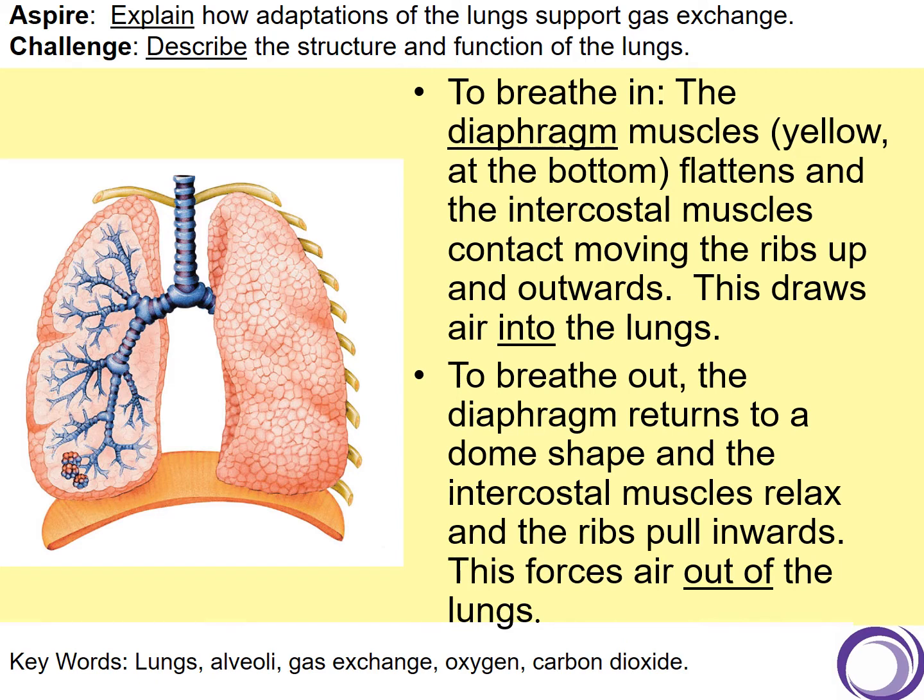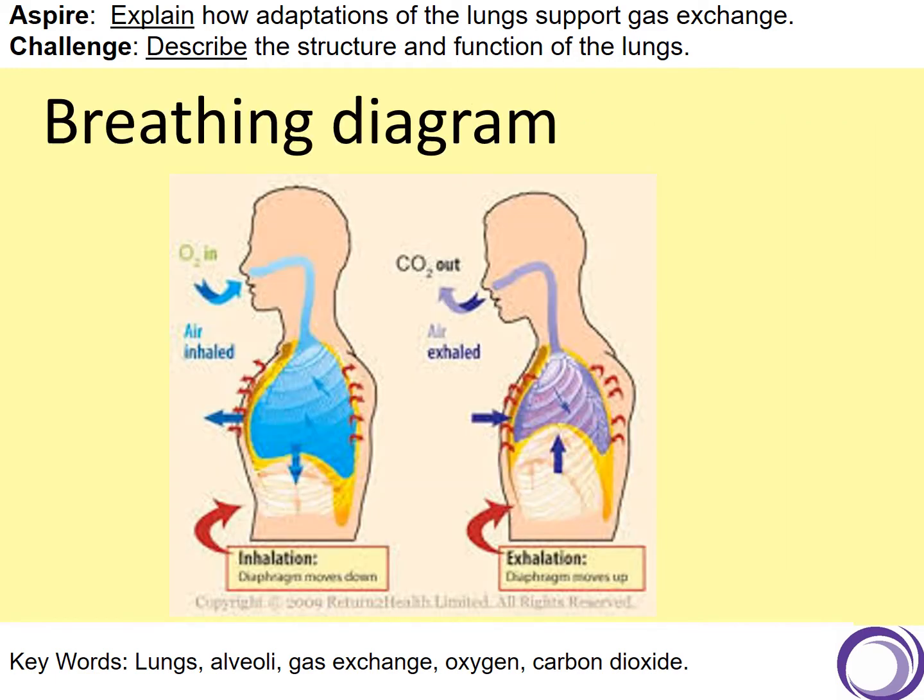So your diaphragm tenses and contracts and pulls down to draw air in, and your ribs will move up and out. To breathe out, your diaphragm relaxes back into this curved shape and your ribs will go back inwards, and that releases the air.